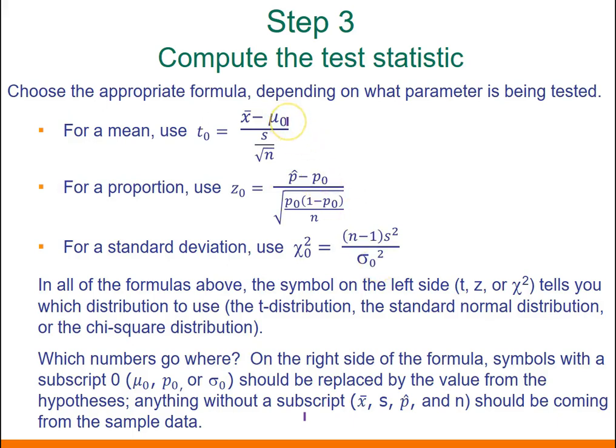So the number in the null and alternative hypotheses is going to go in place of the mu0, or in this formula it would go in place of the p0s, which happens 3 different places, and here it would go in place of the sigma 0. Anything without that subscript 0, so the x bar here, the s, the n, the p hat, and the n here, and the s here, those all come from the sample data.